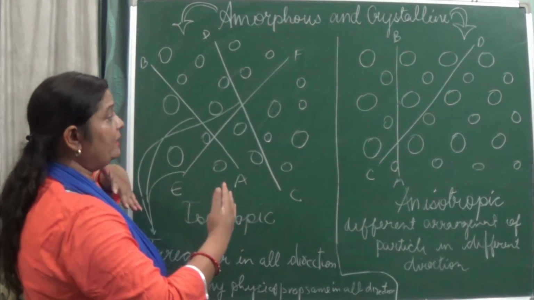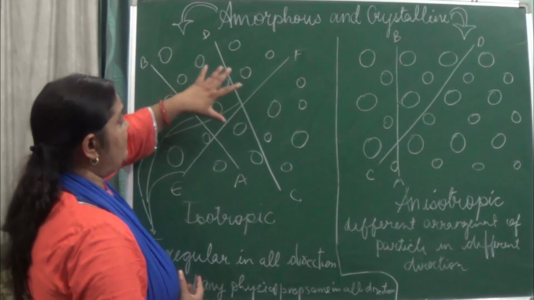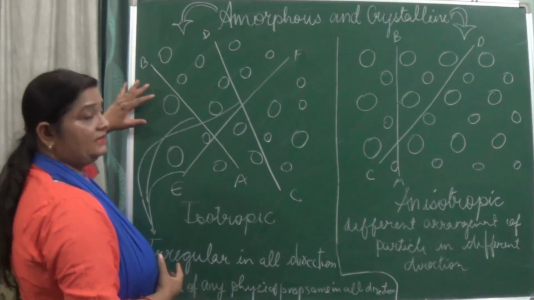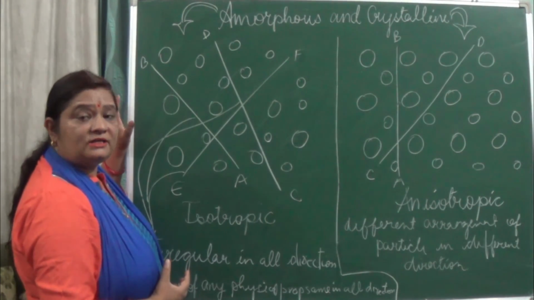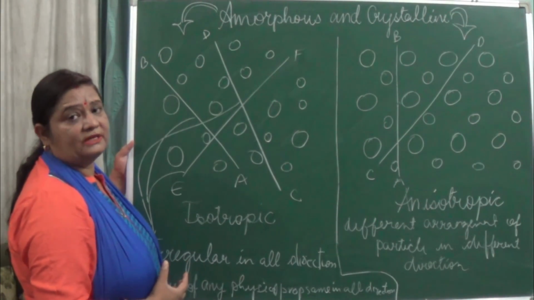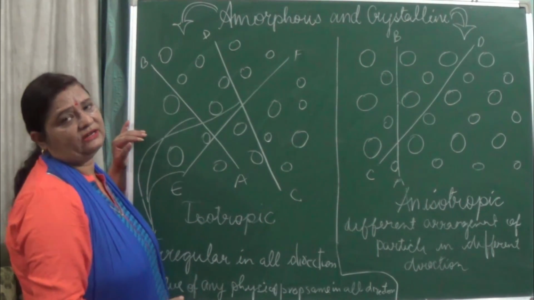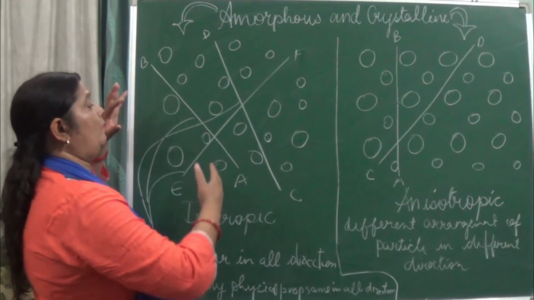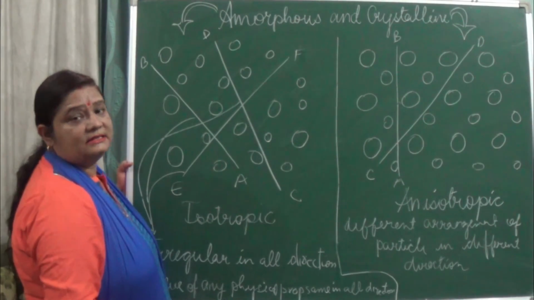It is due to its irregularity that when we see it at last, when it is summed up, its physical properties become similar. So from wherever you take its refractive index or its electrical resistance, you will get the same value.